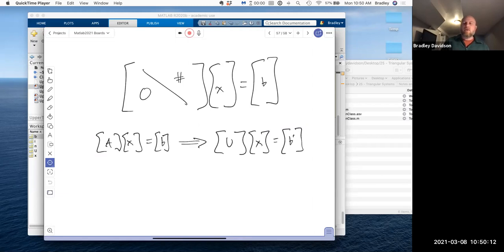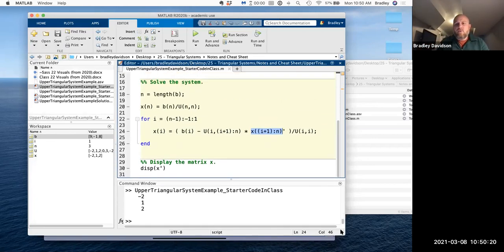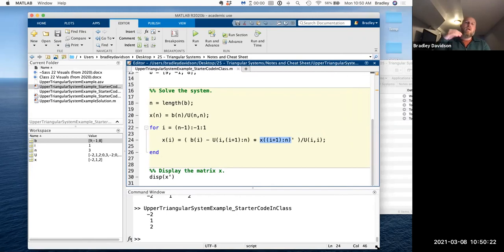Okay. All right. So for the practice problems, you're going to take this loop that we just now created and turn that into a function. So turn it into a function with the error control, warning control that we use for Cramer's rule, and then you're going to solve several problems out of the Chapra book where you take a full matrix and then convert that into an upper triangular matrix simply by chopping off the lower triangular portion of that matrix, looking at the system conditioning, and using your function to solve those systems.